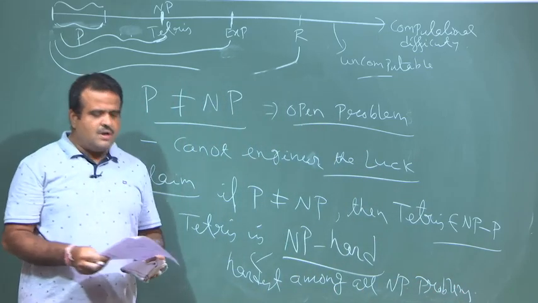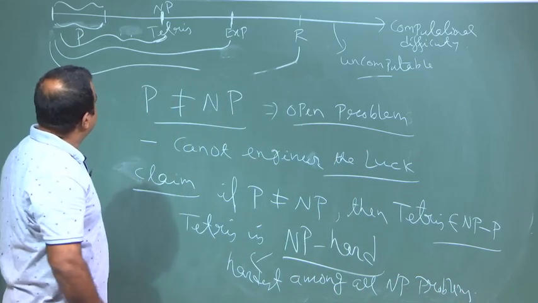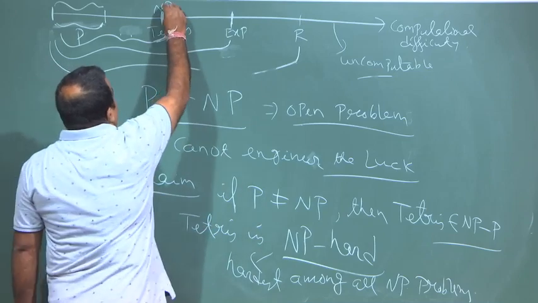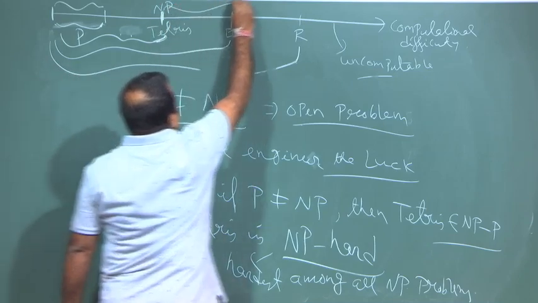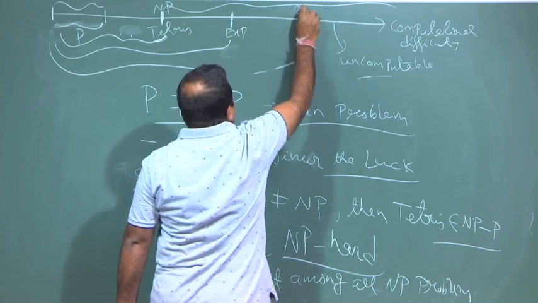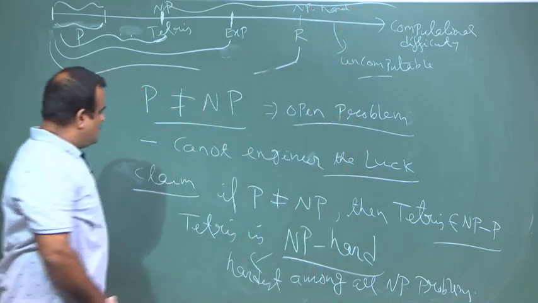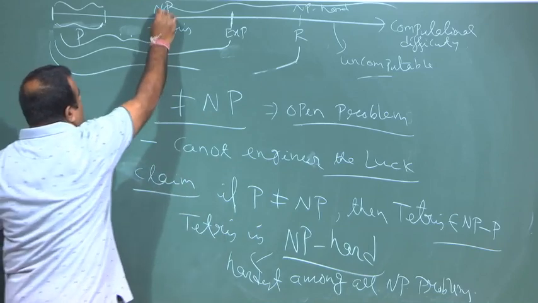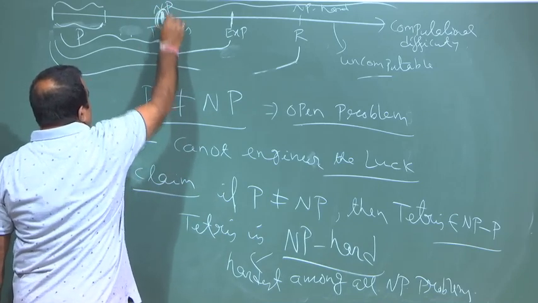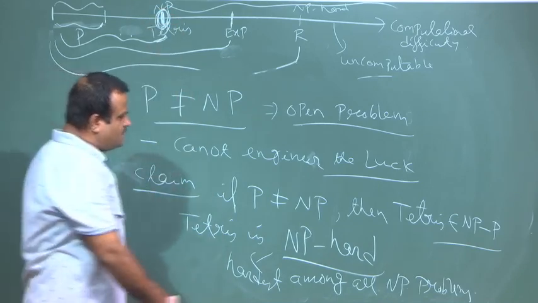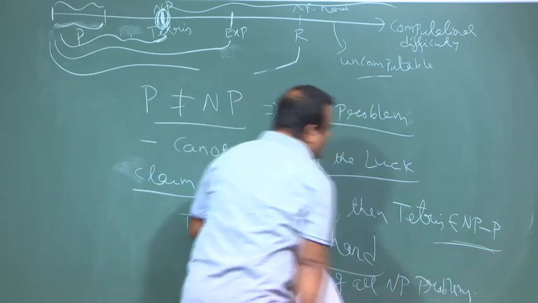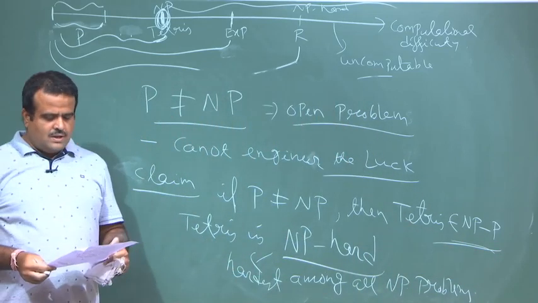So, this is called NP hard. That means from here all the problems are NP hard, and Tetris is here. So, Tetris belongs to this, and this is called an NP complete problem.